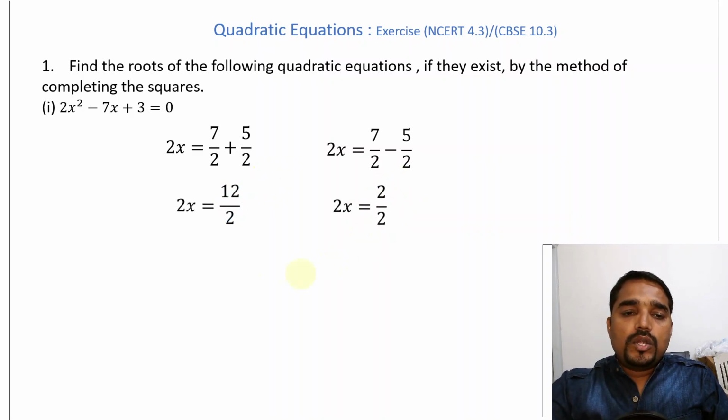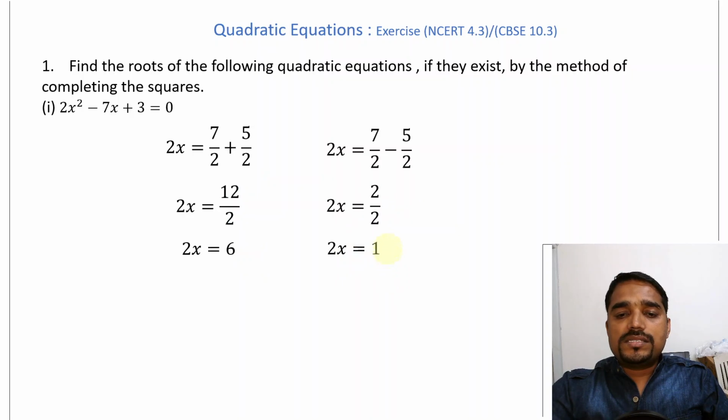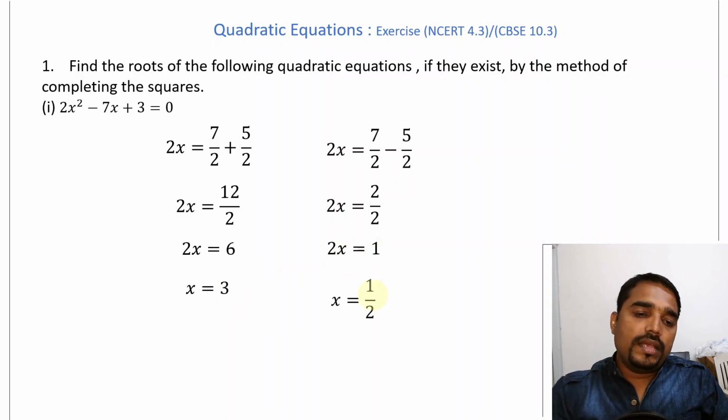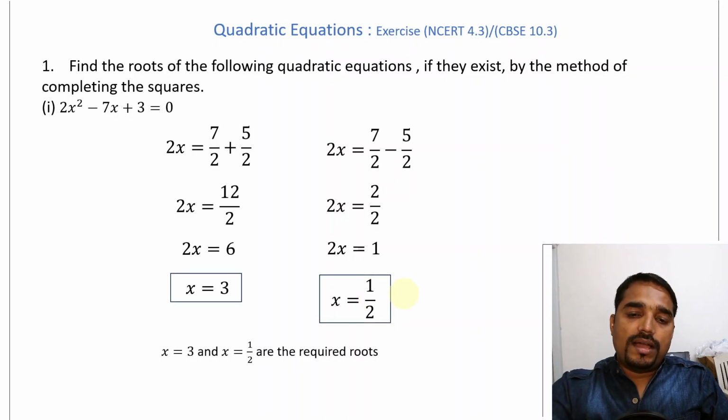Therefore 2x is equal to 6 and 2x is equal to 1 is what we are getting. On transposing 2 towards RHS in both the equations, x is equal to 6 by 2 or x is equal to 3 and x is equal to 1 by 2. Therefore, x is equal to 3 and x is equal to half are the required roots of this particular quadratic equation.